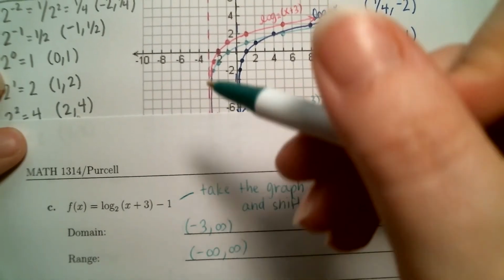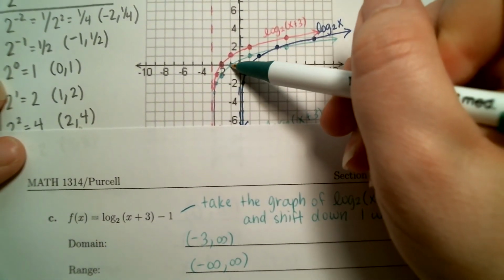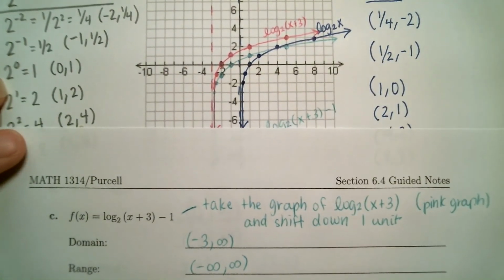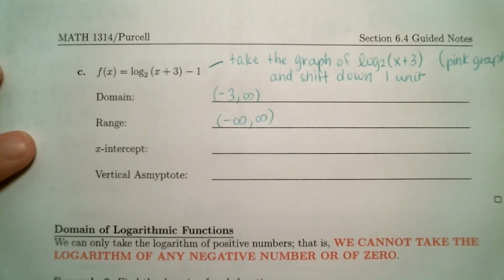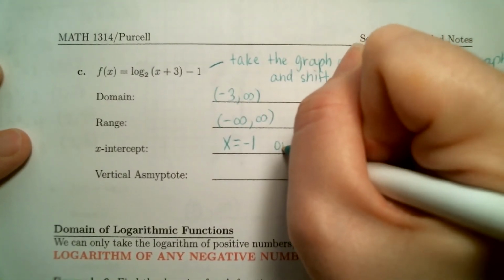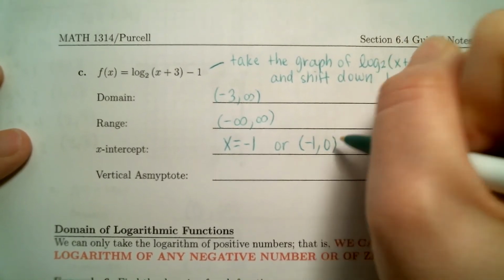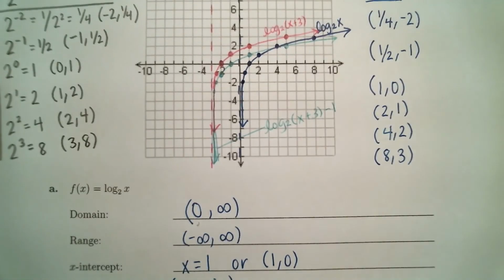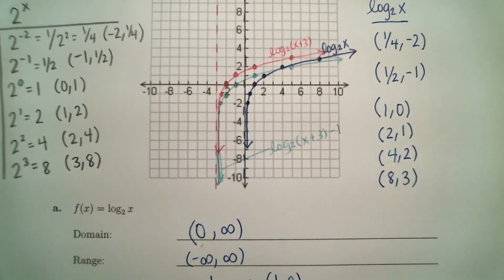The x-intercept has definitely changed, okay? So now it's right here, at (-1, 0). So I'm going to go ahead and write that in. My x-intercept is at x equals -1, or the point (-1, 0). And again, like we said, taking that pink vertical asymptote and shifting down 1 unit does not impact the vertical asymptote.